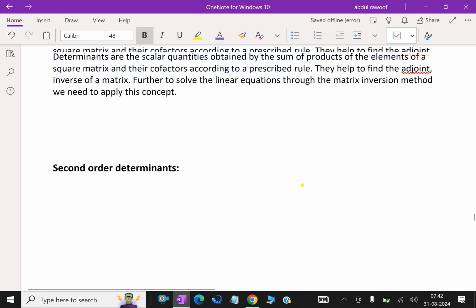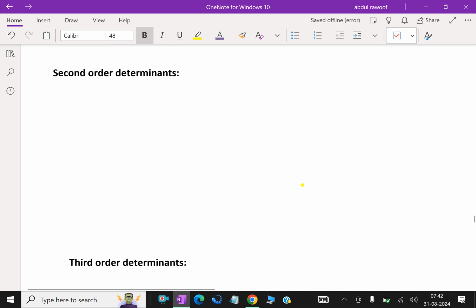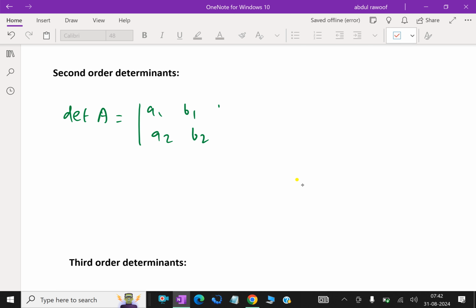First, second order determinants. Look at this example. Determinant A, you have to write in lines like this, the elements are A1, B1, A2, B2. This is called a row, this is called a column. This is two rows and two columns, so it is a 2 into 2 order matrix.